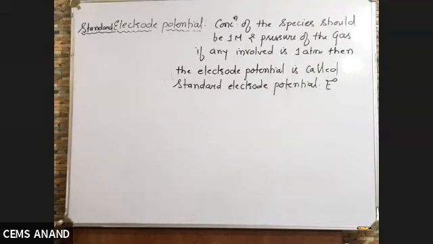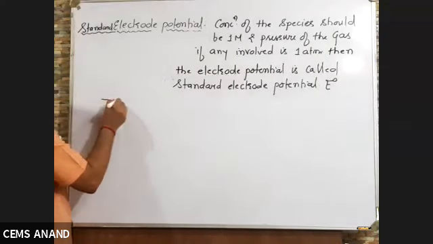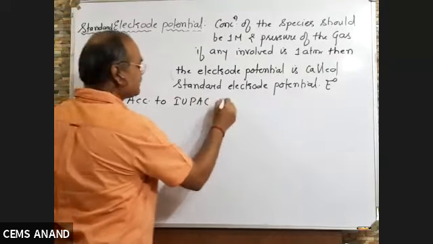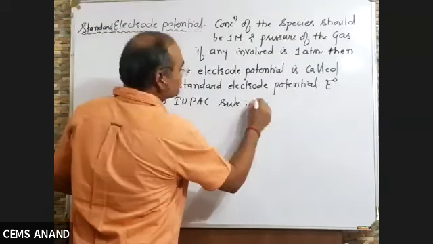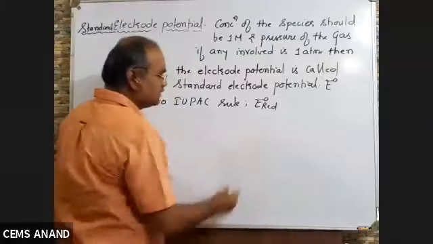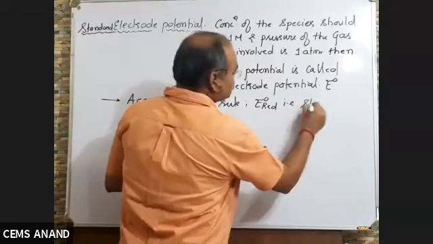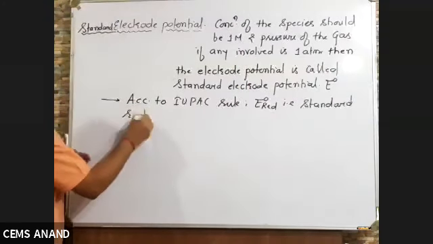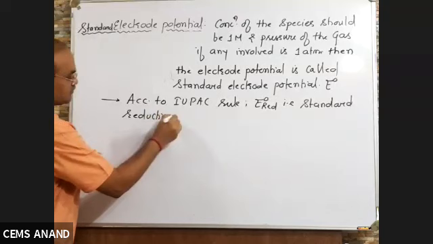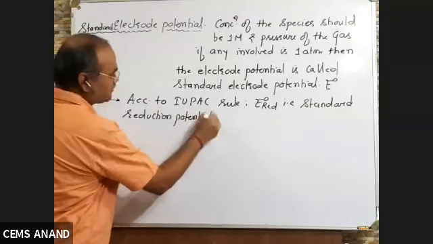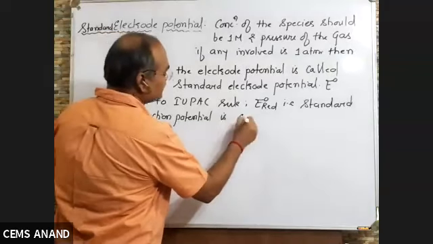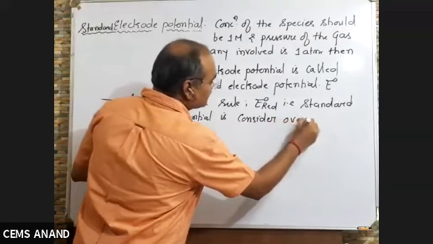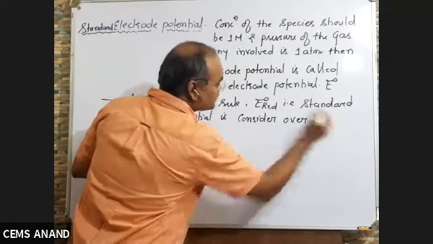Now, according to IUPAC rule, E0 red, that is standard reduction potential, is considered over E0 ox.